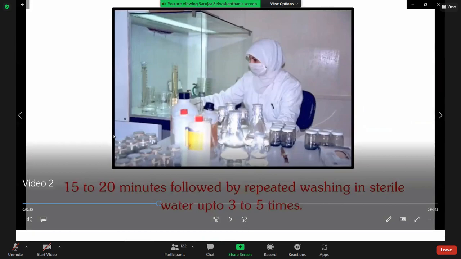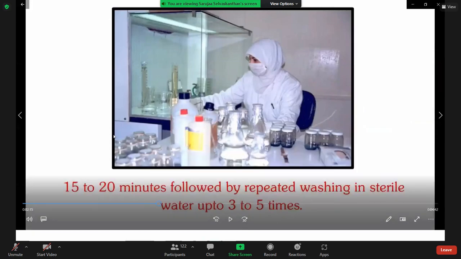It was banned since it is a heavy metal. Earlier we used it with a lot of precaution. We have to wear gloves while we handle the mercuric chloride. But it is a good sterilant, right?